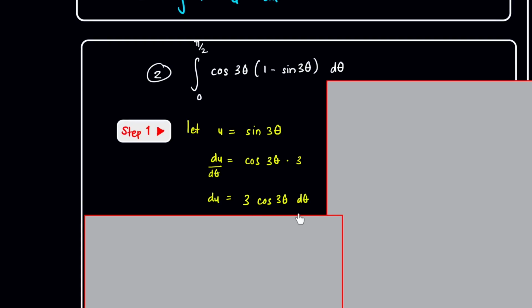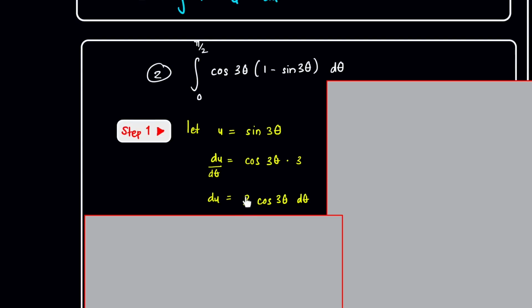So by looking at this expression right here, you can definitely see that there is some similarity with the original equation. You have got cos 3 theta here, cos 3 theta here, and then you have got d theta here, d theta here. So cos 3 theta d theta is almost similar to this original expression, except it has this coefficient.